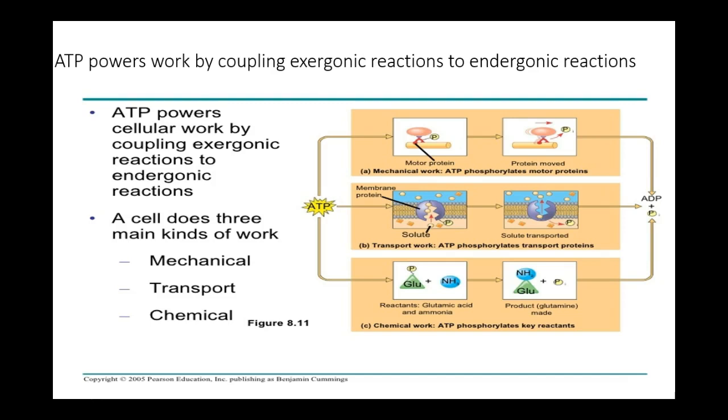You have the three images here. Mechanical work, what you're looking at is your motor proteins. With transport work, you have these proteins that are embedded in the phospholipid plasma membrane, and then chemical work, the building up of molecules from substrates.